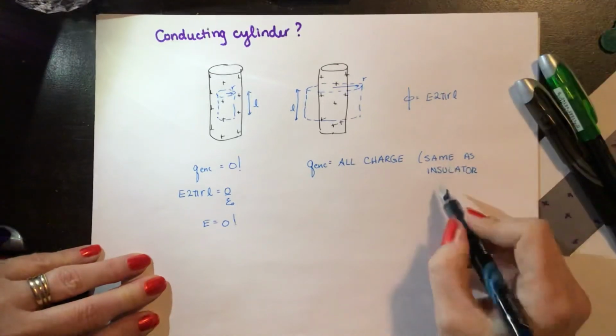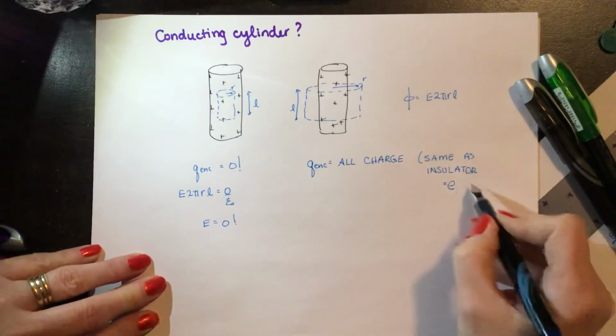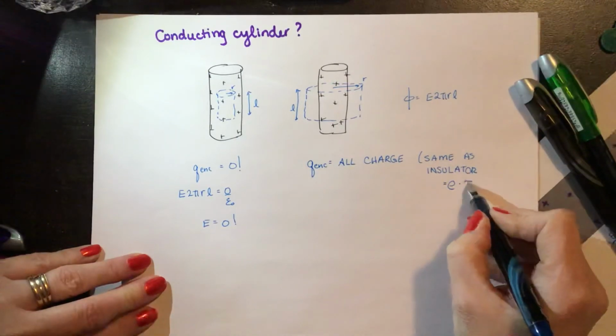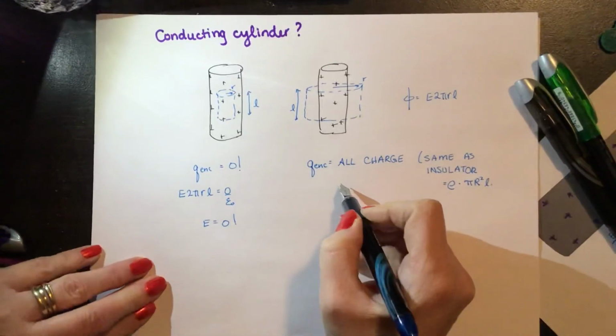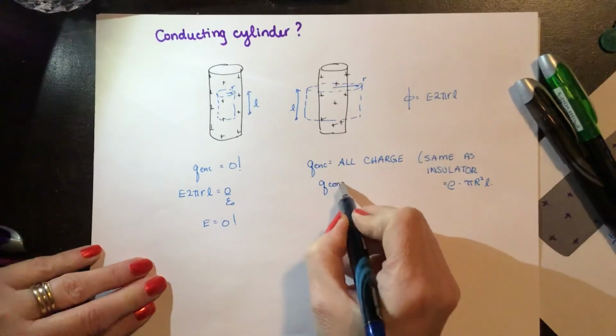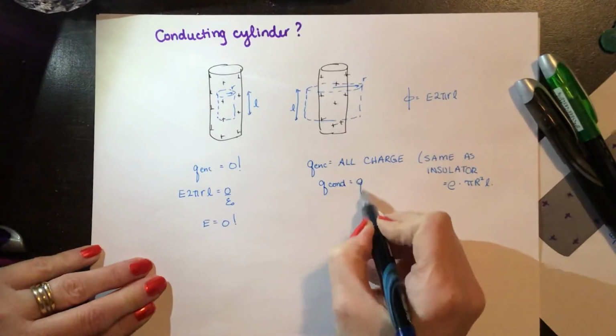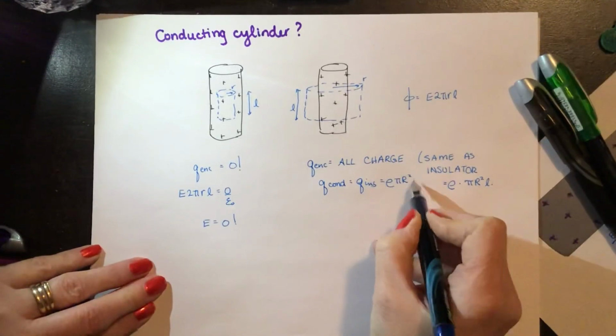So the charge on the insulator would have been the density times the volume, which is pi r squared L. So Q conductor equals Q insulator equals rho times pi r squared L.